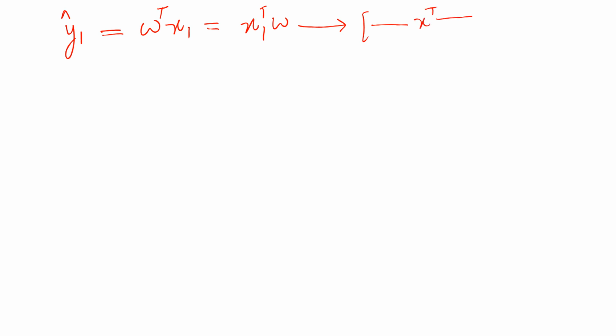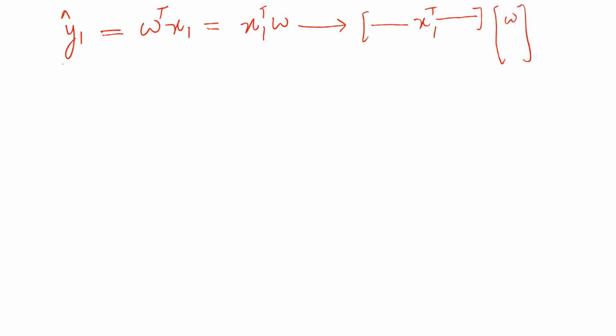So now, for any y hat, let's say y1 hat, this y1 hat would be my weights, w transpose x1, correct? Now, this is nothing but an inner product, and we know that right from day one. So this can also be written as x1 transpose w. Everybody agrees, because this is just the inner product, which essentially means this row vector that we just talked about, x1 transpose, times this column that has all the weights.